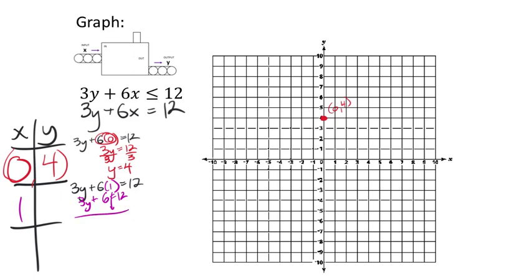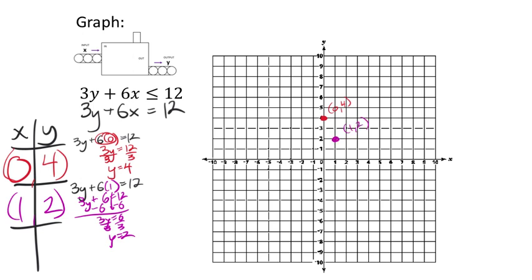Now principles of equality, I'd have to subtract 6 from both sides, making 3y equals 6, and then divide both sides by 3, tells us that y is 2. So this one works out again. I didn't end up with a fractional value, and so I can say x is 1, and the corresponding y value is 2. So 1, 2 would be located here on the graph.